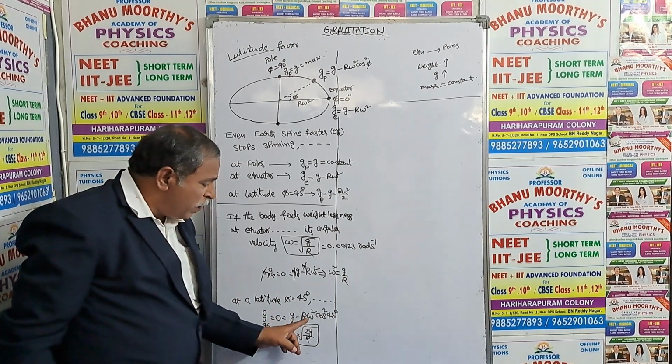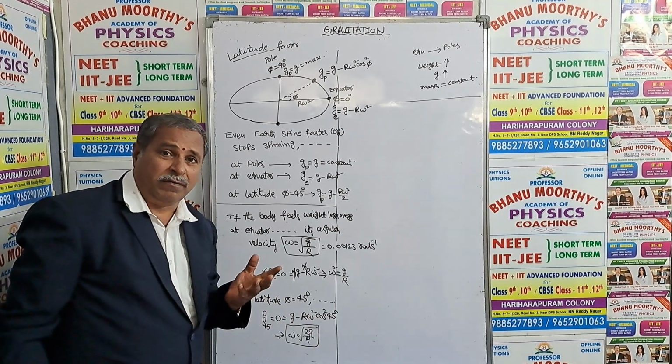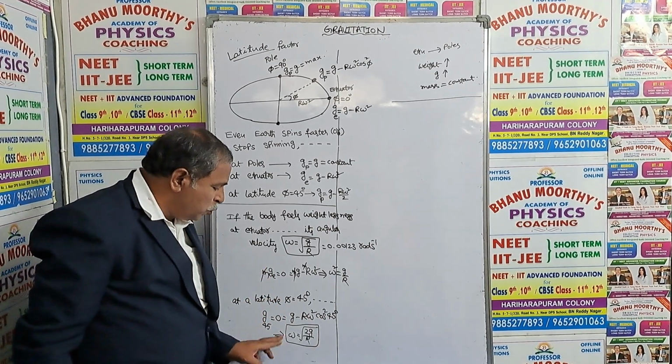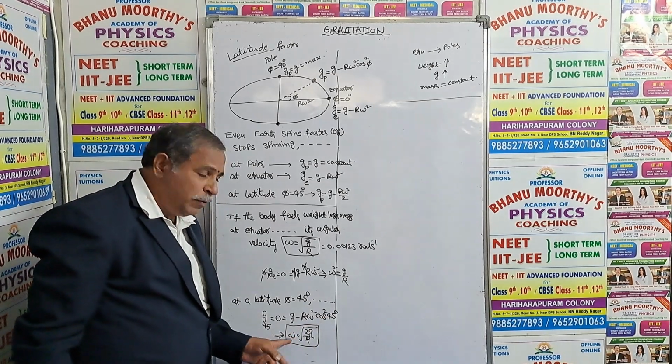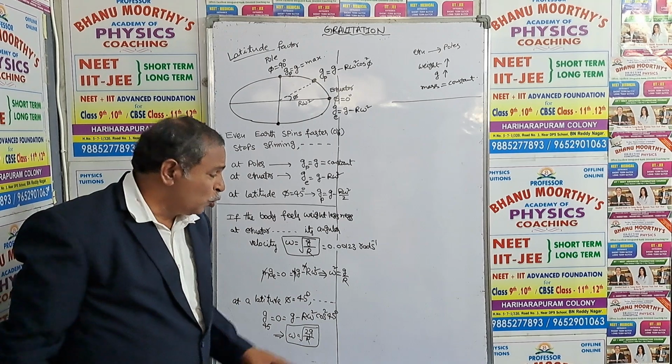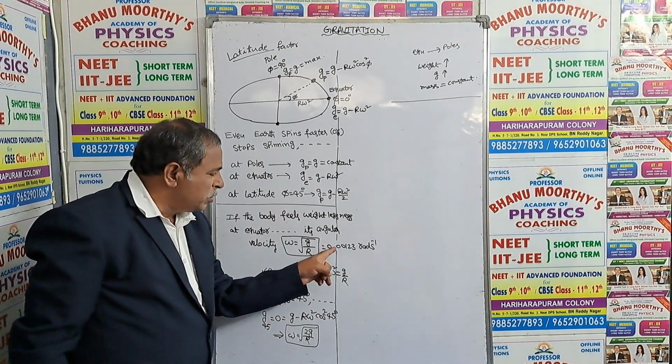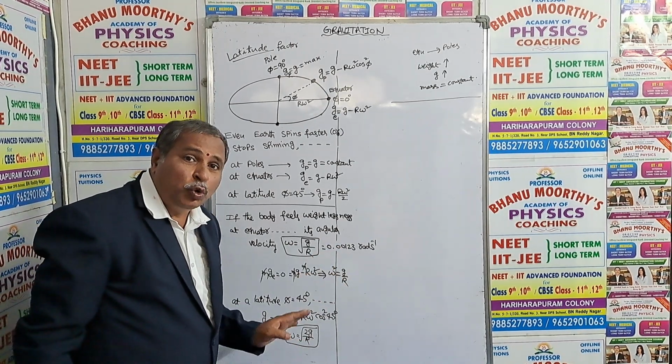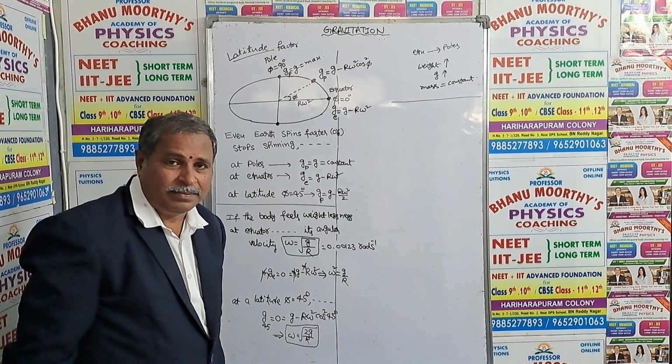You put phi value 45 degrees. Cos square 45 is 1 by 2. Then you substitute, and you will get omega equals under root 2g by r. So root 2 times: 0.00123 into root 2. Root 2 times increases.